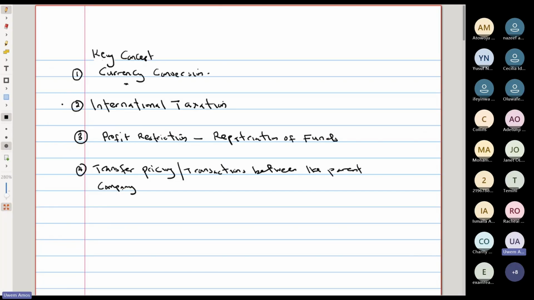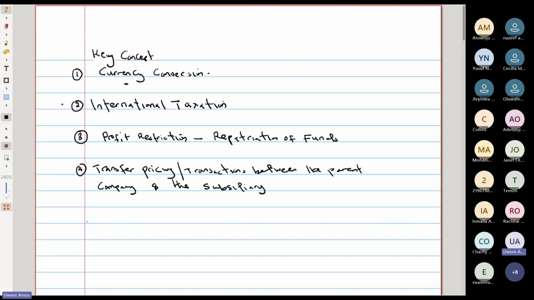Or the parent company might offer certain services to the subsidiary and vice versa. So there's some form of transfer pricing involved, some form of transaction between the parent company and the subsidiary. So these are additional concepts.